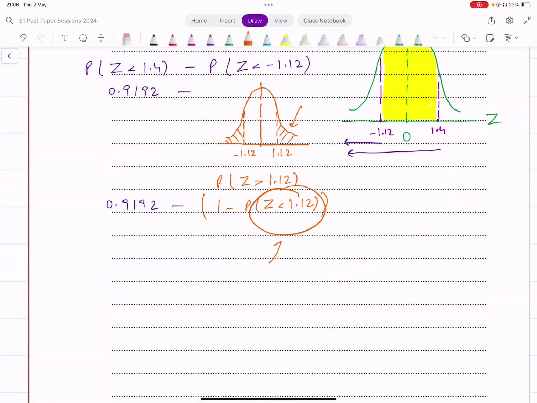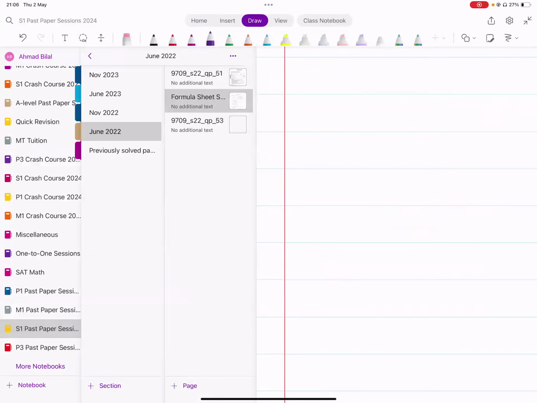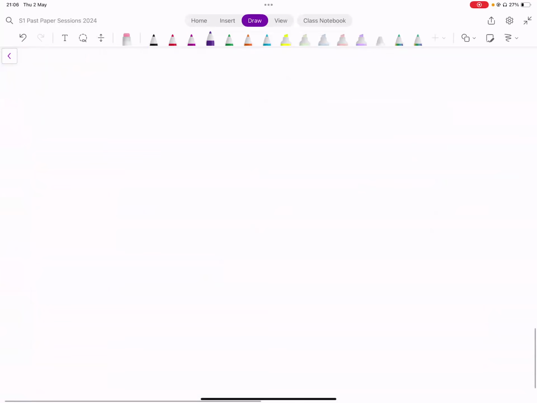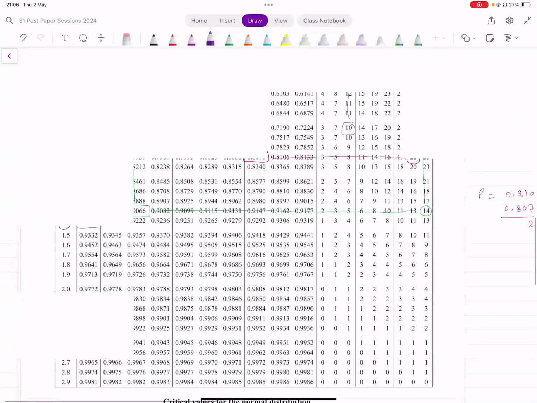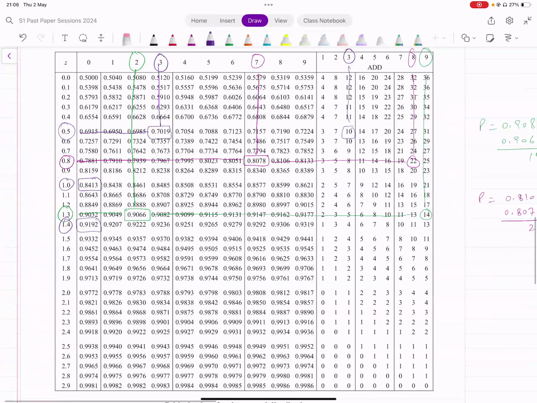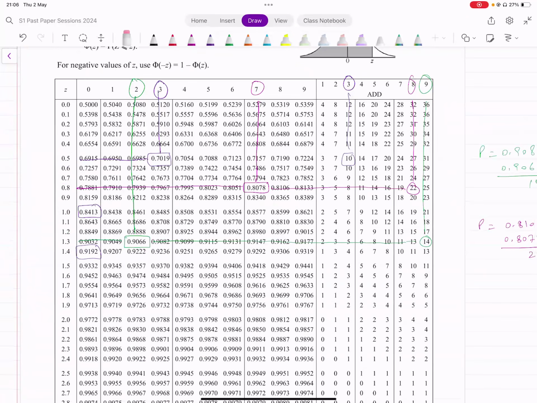We can go to the table and find the probability corresponding to this number and see what that turns out to be. 1.12. Let's go to the formula sheet. Okay. 1.12. Let me get rid of this first. (1.1) and then 2, we get 0.8686.